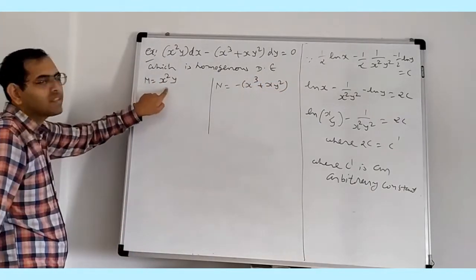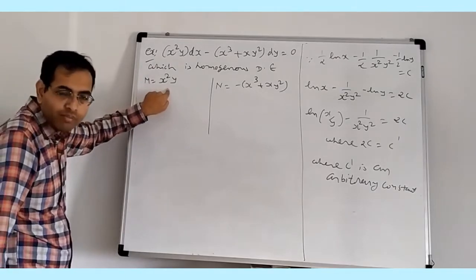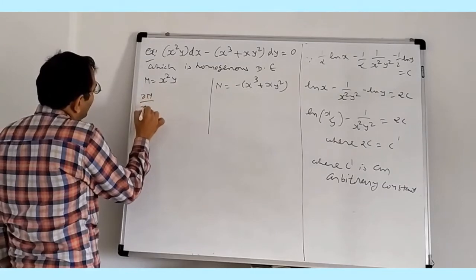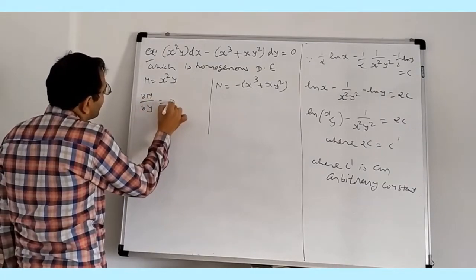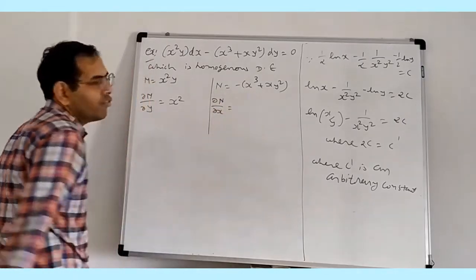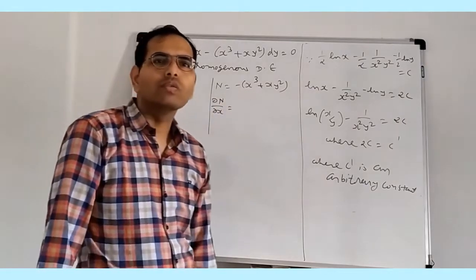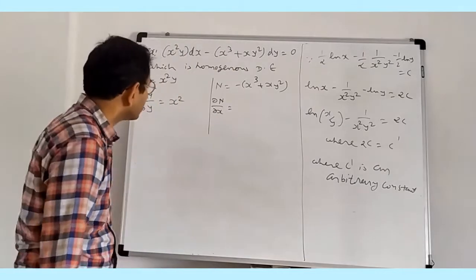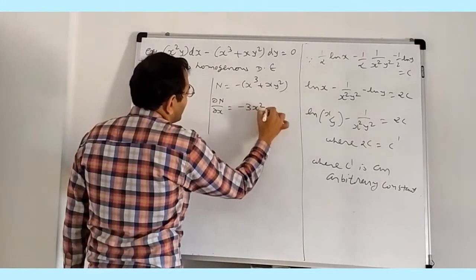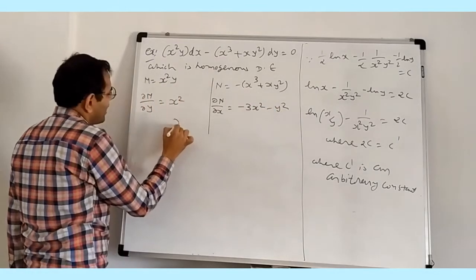Now partial differentiating of M with respect to y, del M by del y equal to x square, and partial differentiating of N with respect to x, we get minus 3x square minus y square.